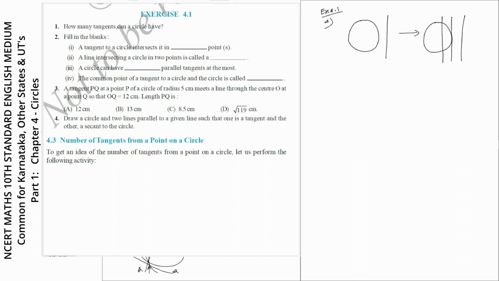So to achieve this, first I will draw a circle and a line. Let the given line be AB. Now there are two set squares in the geometry box. One is the 45 degree angle set square.